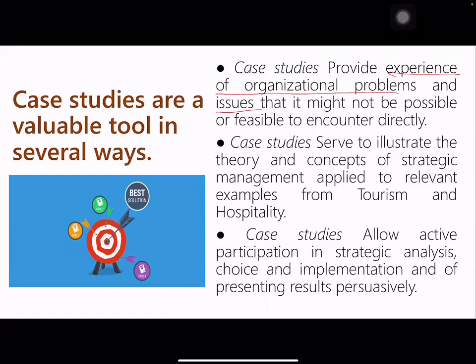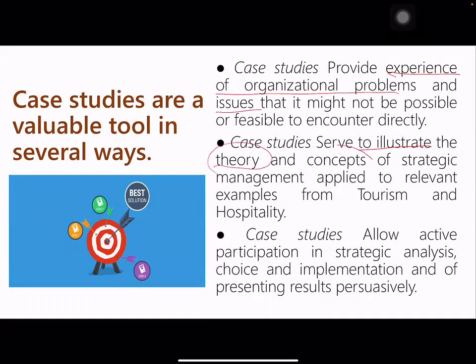Another one, case studies serve to illustrate the theory and concepts of strategic management applied to relevant examples from tourism and hospitality. So when you study case studies, it serves to illustrate the theory and concepts.